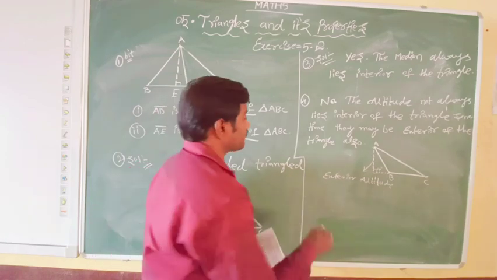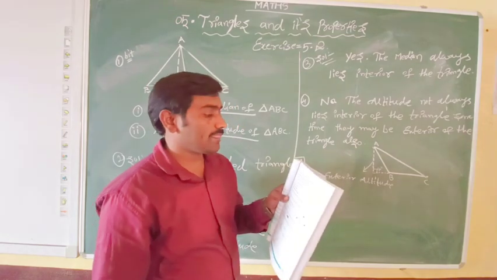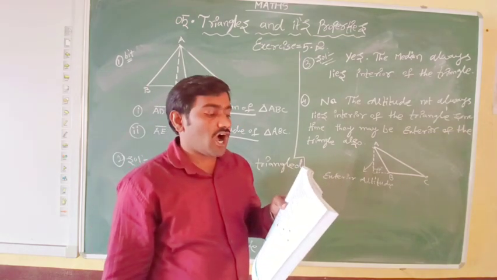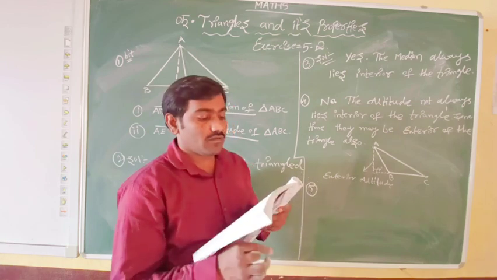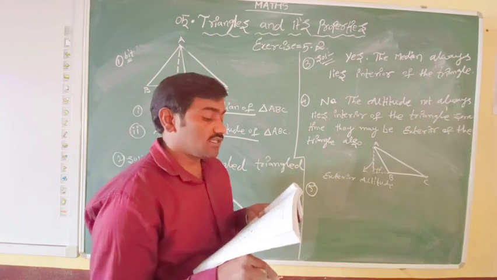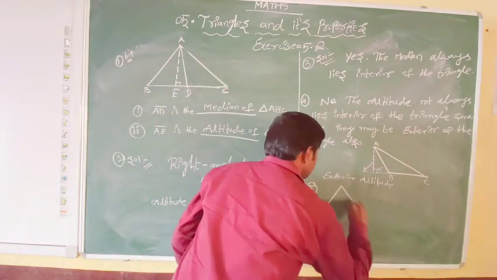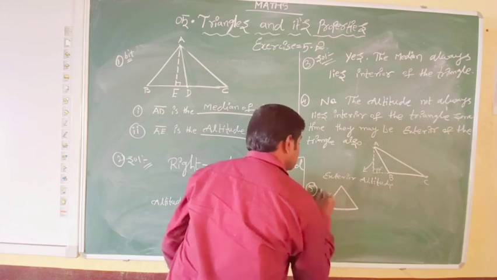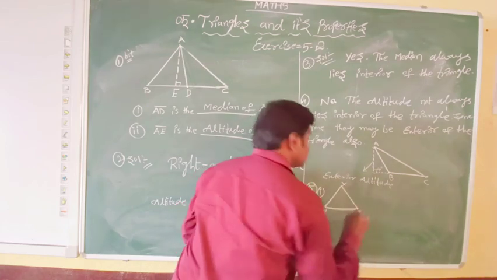So here the fifth question, solutions. Write the side opposite to the vertex Y in triangle XYZ. Here XYZ is a triangle.